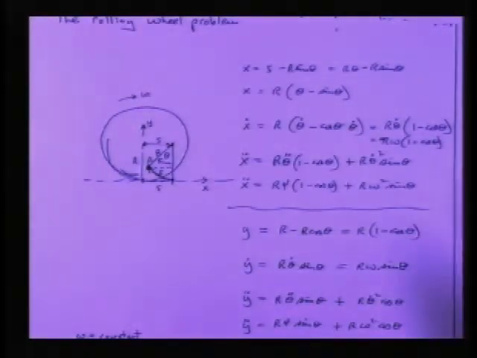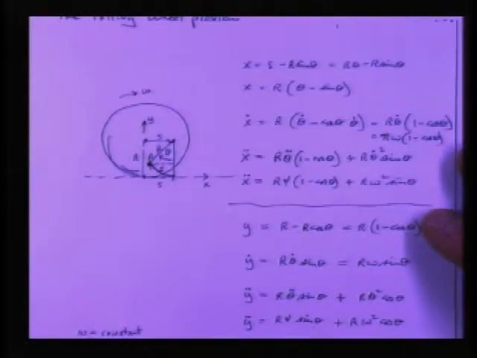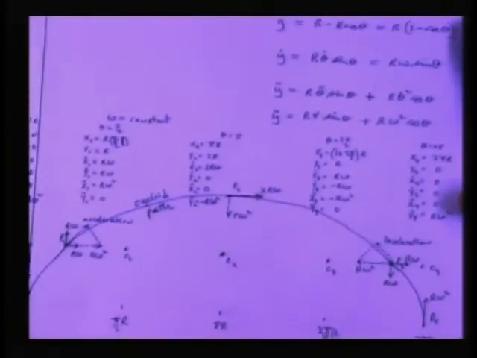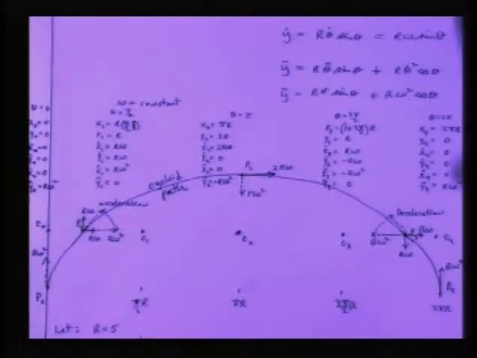Now what I did on this handout is I took those values at important points in the cycloid's motion. Let me get this so that it just fits on the screen here.